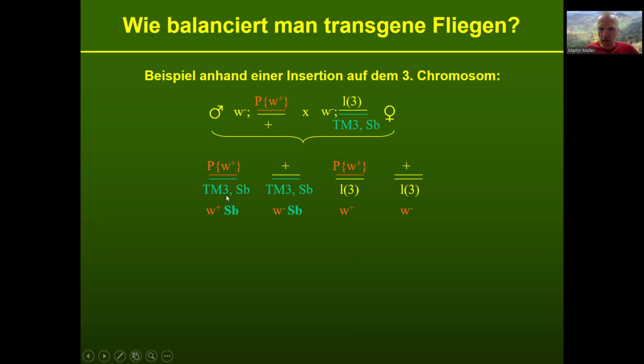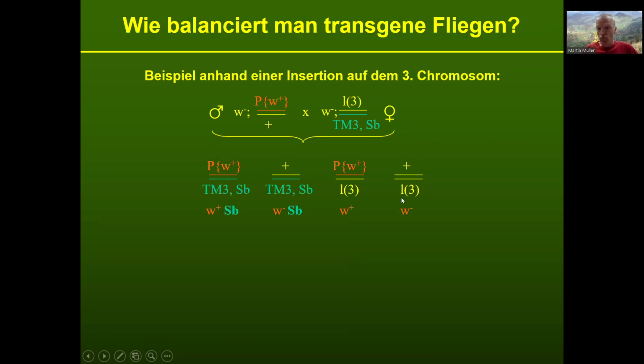Stubble indicates the balancer is there. These flies here, they are white minus because they don't have the red chromosome, but they are Stubble. These guys here, this genotype, they have eye color, but they are not Stubble because they have received this chromosome from the mother. And we have the guys which are only white minus.